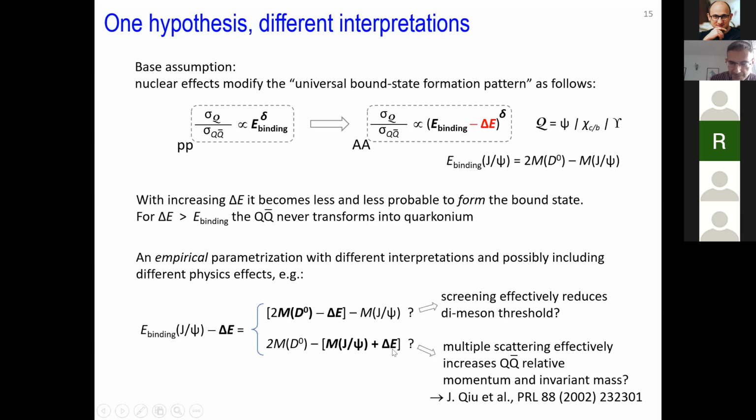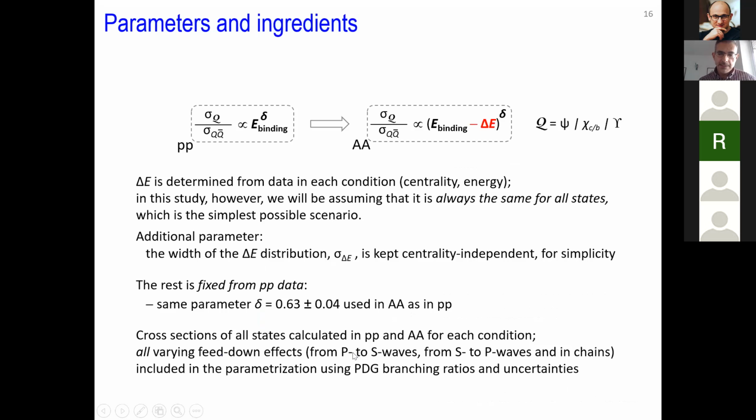The second possibility is that delta E is associated to the mass of the quarkonium, so it is like an increase in the mass of the QQ bar. This can be a multiple scattering effect, which increases the opening angle and therefore the value of the invariant mass. This is a hypothesis that was discussed already in the past. In any case, for us, it is a purely empirical description.